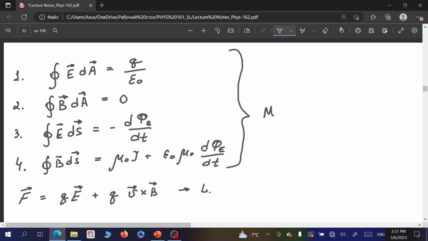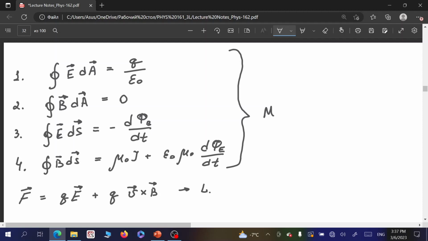Then we considered the system of four equations, which are called Maxwell equations. The first equation is Gauss law for the electric field. It tells us that the source of electric field can be considered as electric charge. The second equation, Gauss law for the magnetic field, tells us that we don't have any magnetic charges.